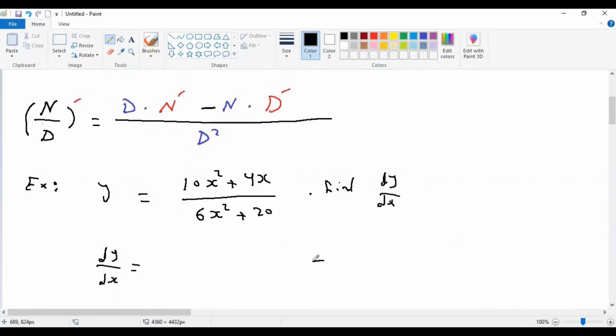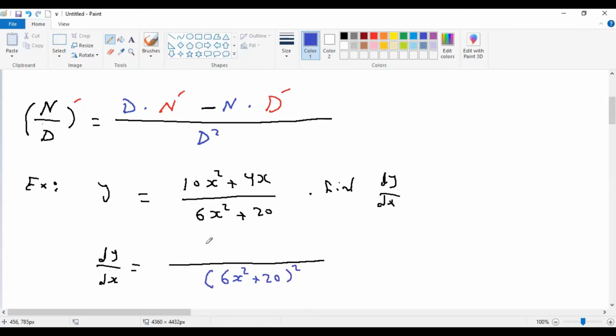Now dy/dx, the derivative, equals, see the rule, students? D, the denominator. The denominator here is 6x squared plus 20. So we first write D squared, the denominator squared: (6x squared plus 20) to the power 2.